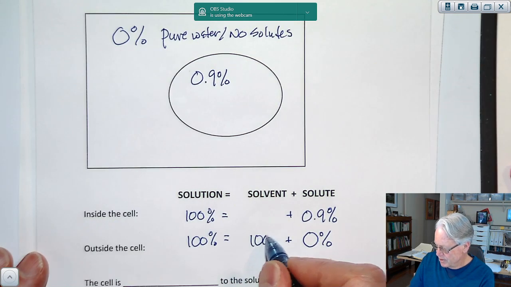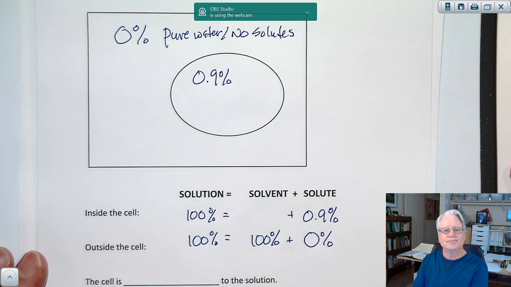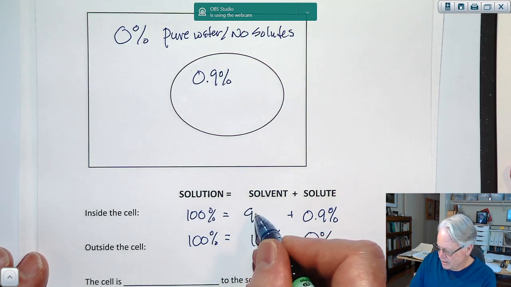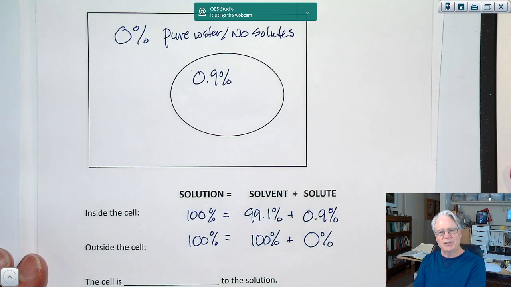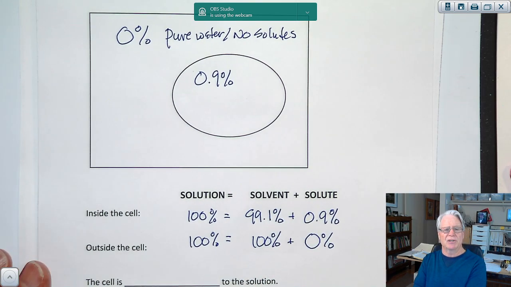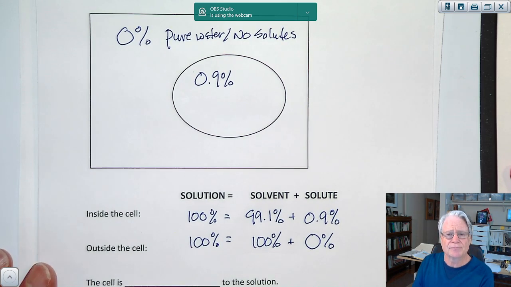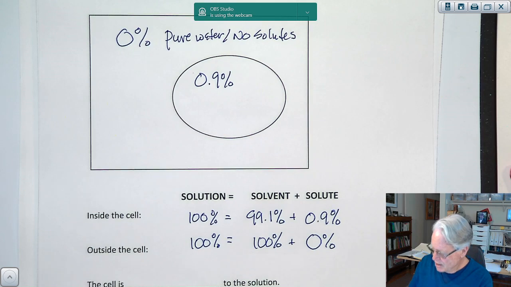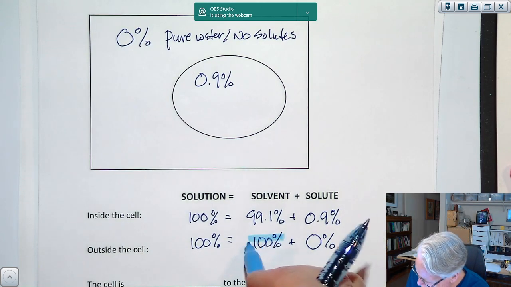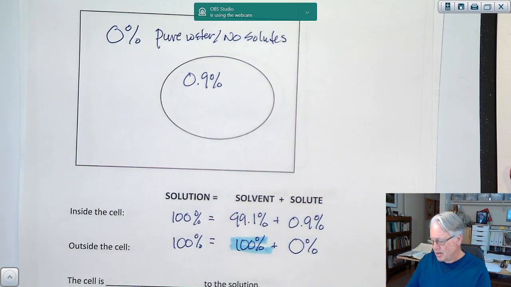That makes that 100%. And here I have 99.1%. If I do my math right, I'm not a mathematician, that looks right. Okay. So do I have a difference in concentration? I do indeed. Perhaps not very much, but it's still a difference. There it is.